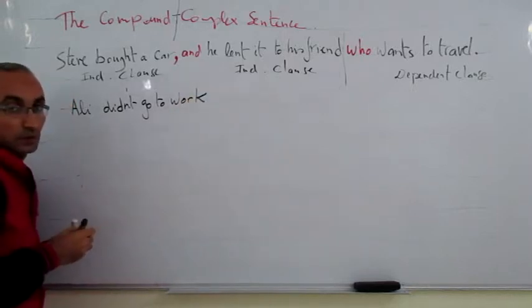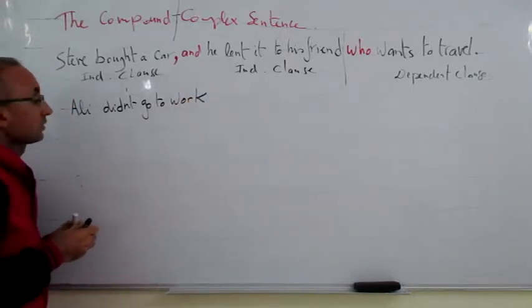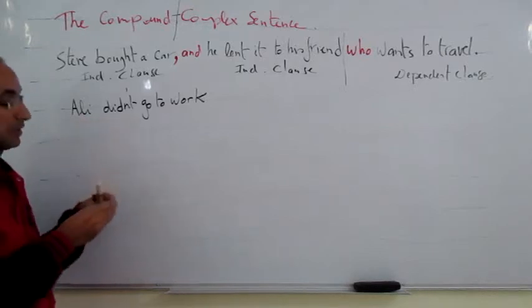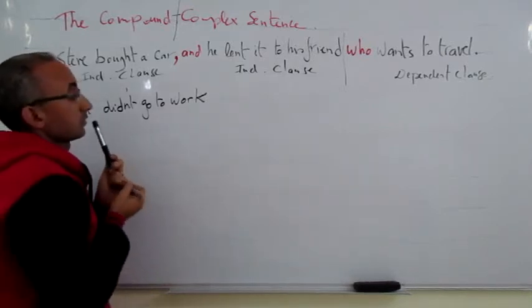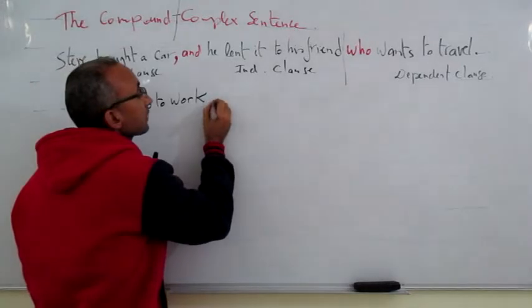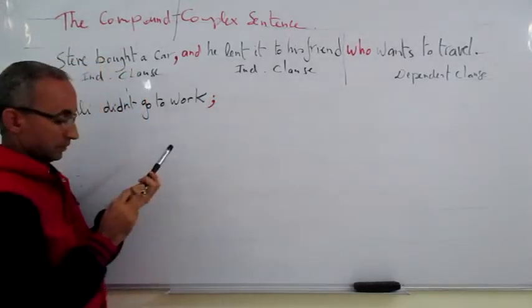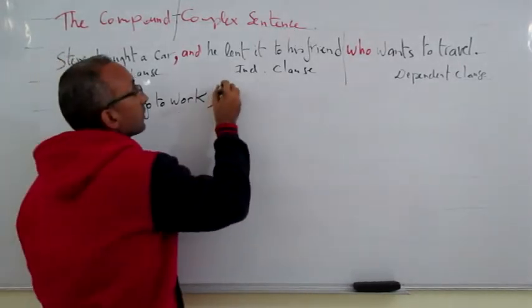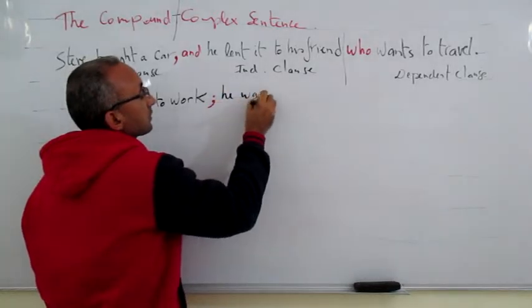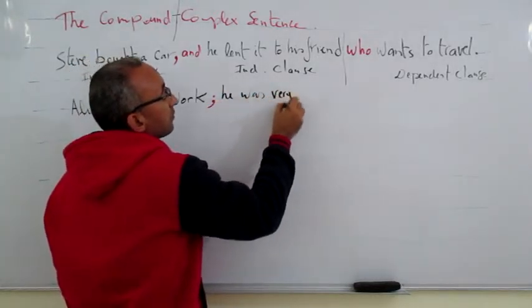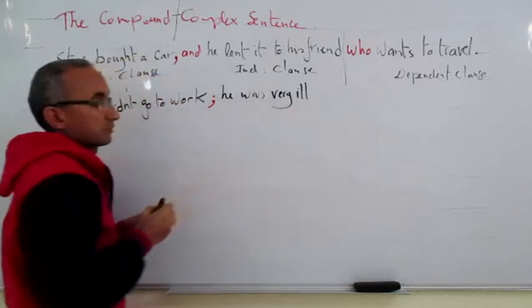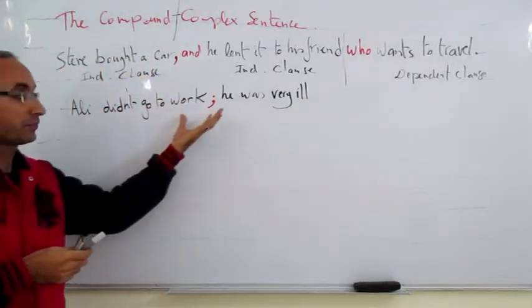Right. Ali didn't go to work. Semicolon. He was very ill. Now, until now, we have written what?